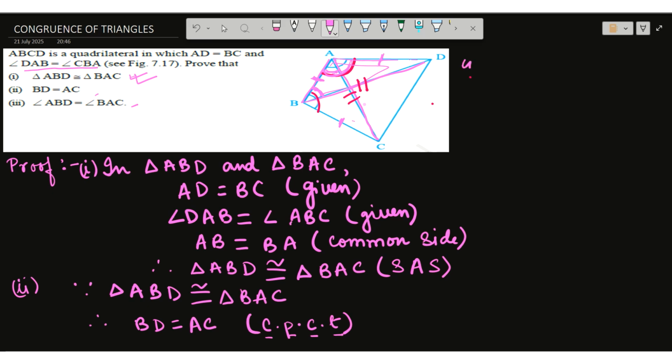Third point. What is the third point? We have to prove that angle ABD is equal to angle BAC. Now I'll erase this so that you don't get confused.